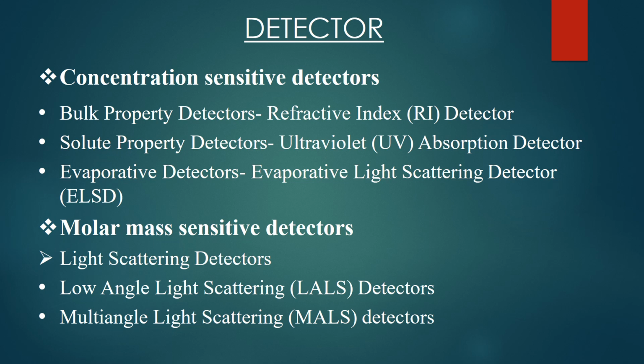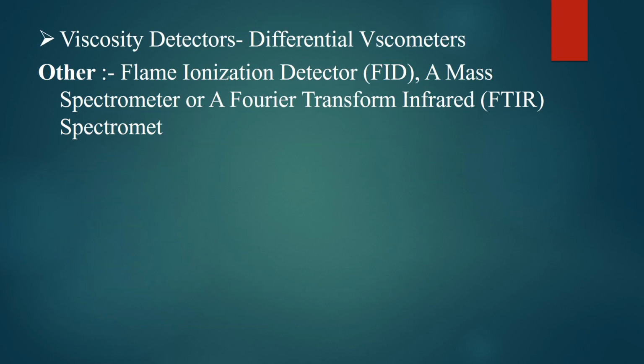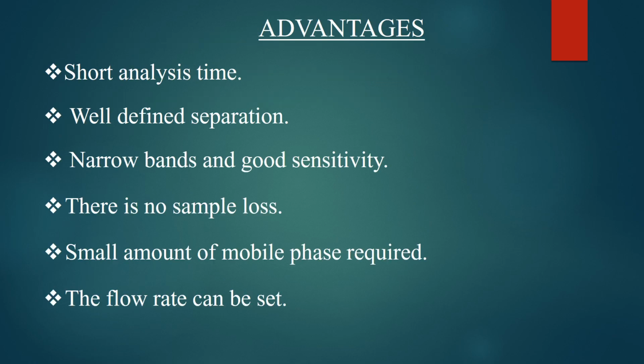Molar mass sensitive detectors: light scattering detectors, that are low angle light scattering LALS detectors, multi-angle light scattering MALS detectors; viscosity detectors, differential viscometers. Others are flame ionization detector, a mass spectrometer, or a Fourier transform infrared spectrometer.